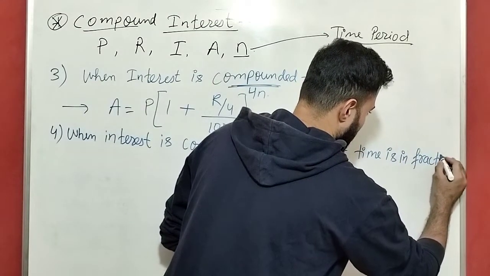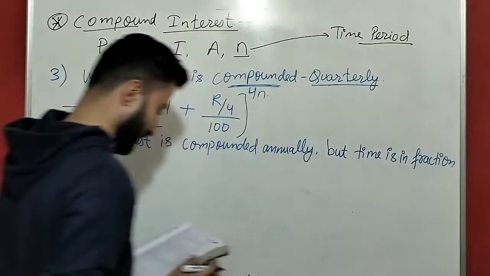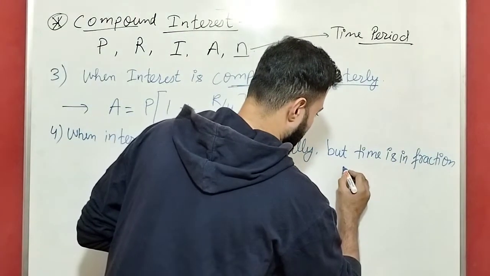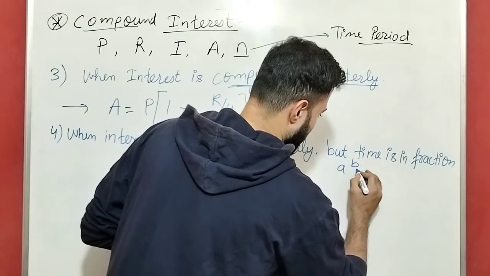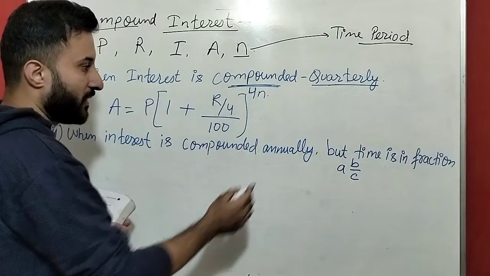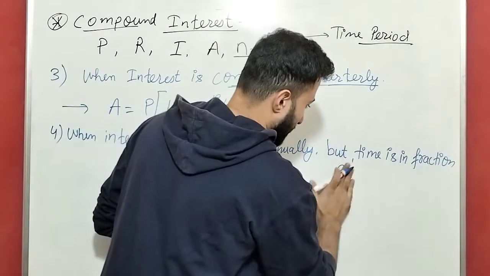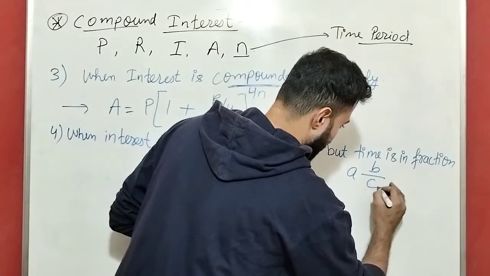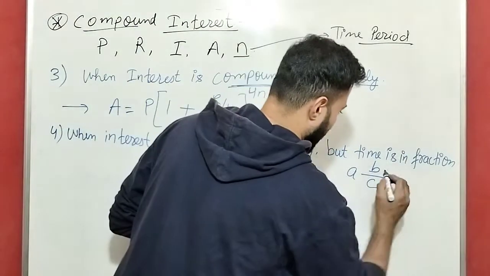Which type of fraction? Write like this: A B by C, a mixed fraction.